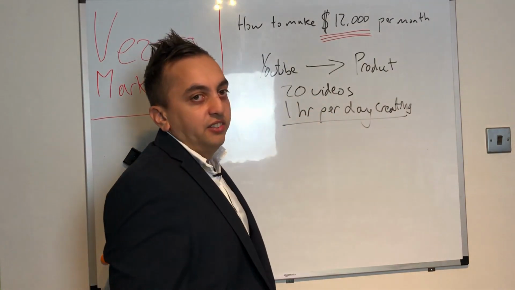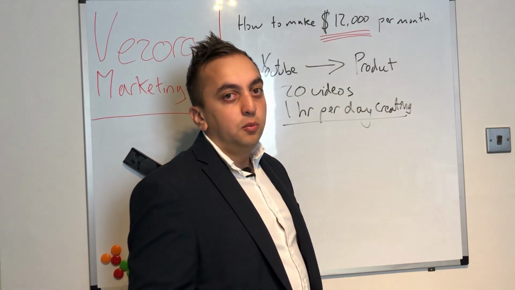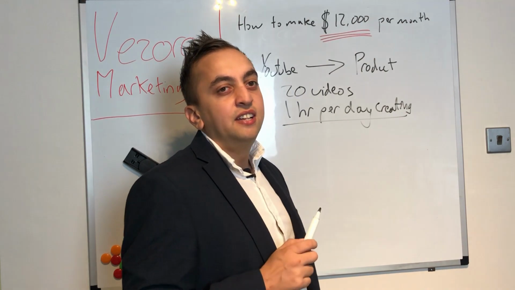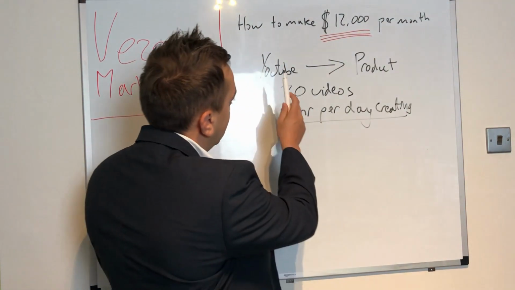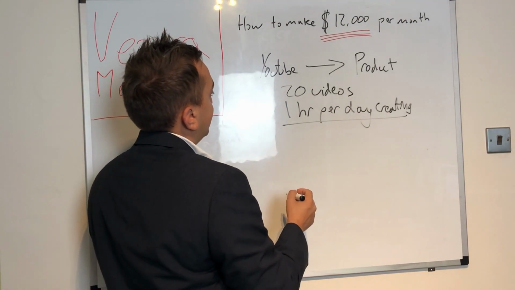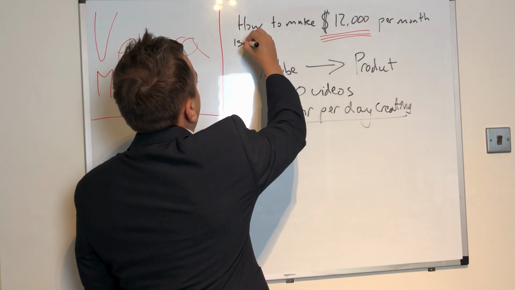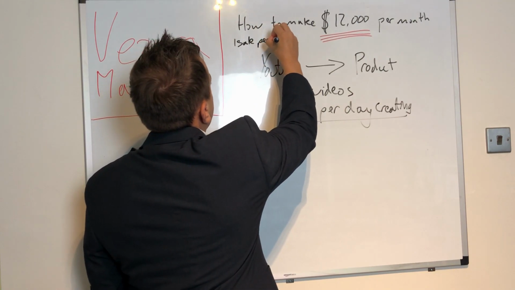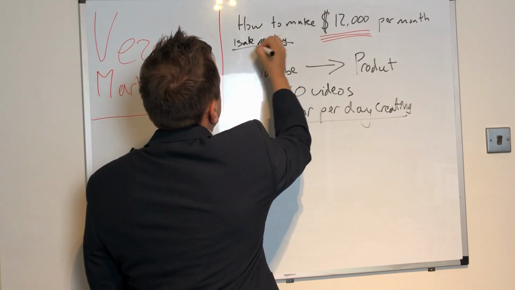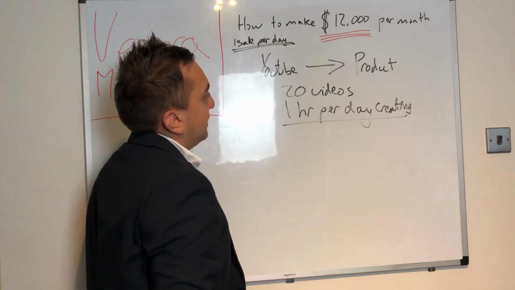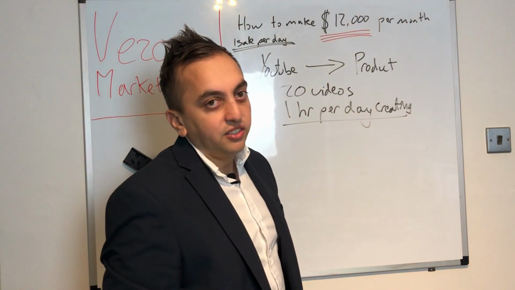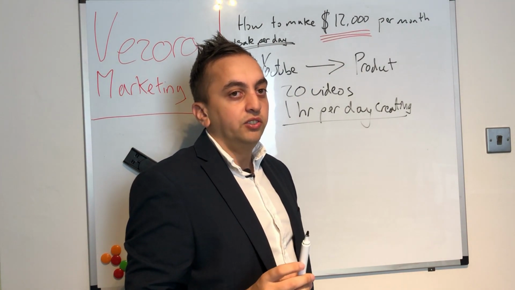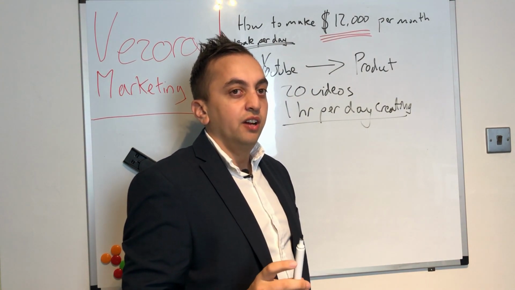We've got 20 videos going up on our product, so we only need to get 10 views per video to reach our one sale per day target. So this is what our target is, and this is how we're going to do it. With our 20 videos, we need to get 10 views on each video per day.